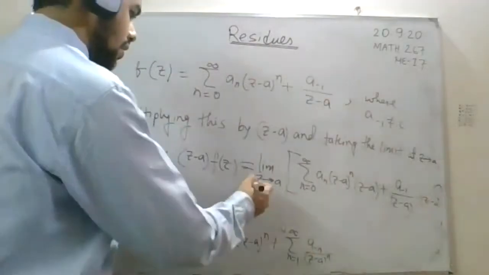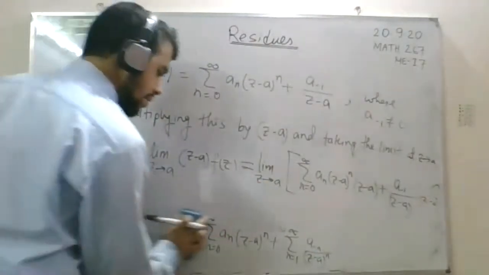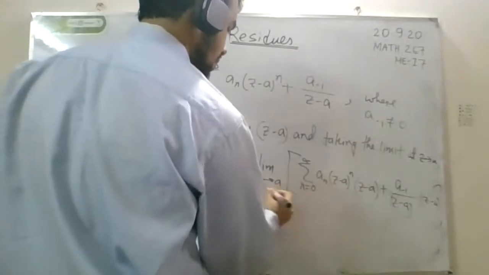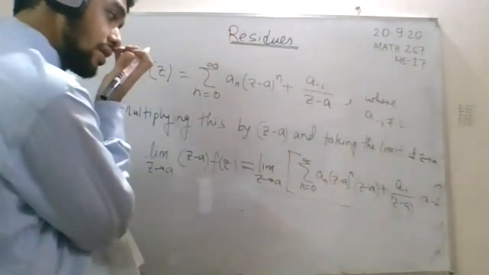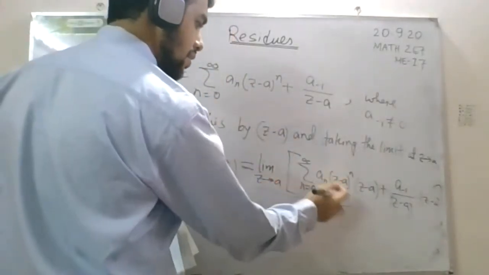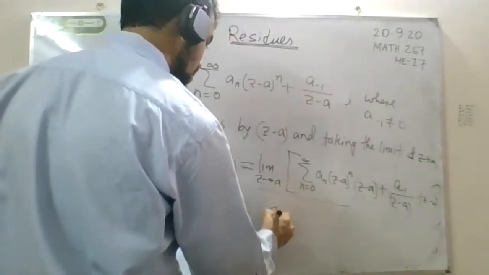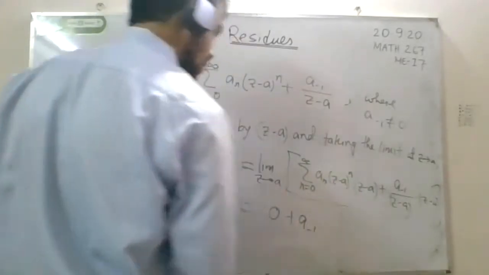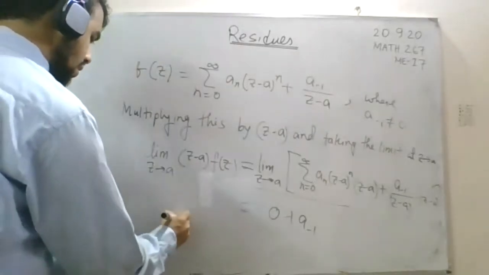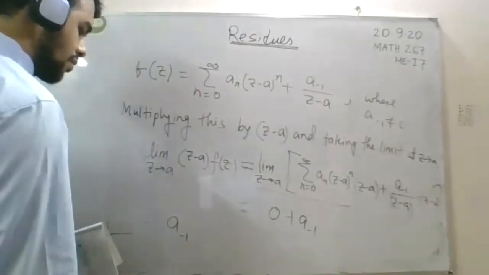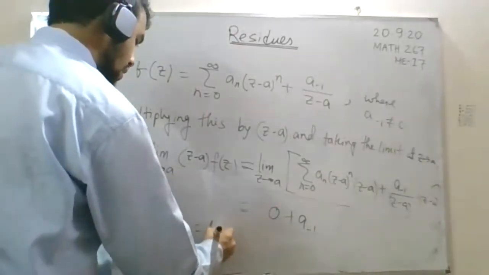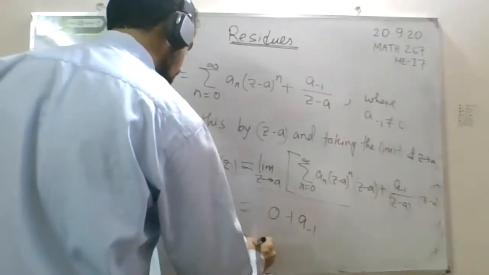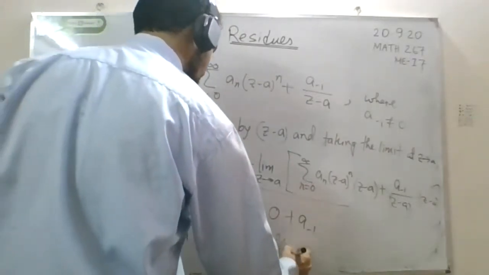So from here you can easily say that it tends to 0, so it turns into 0, and here you can also say this is a minus 1. So a subscript minus 1 equals limit z tends to a of (z minus a) f(z).